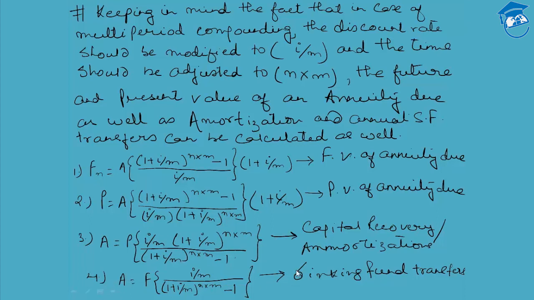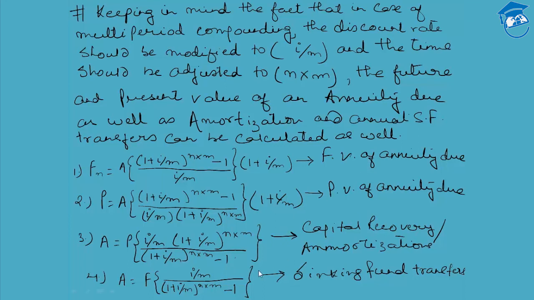Last but not the least, the same applies in the case of sinking fund transfers. We know that every year we are required to calculate an annual amount in a sinking fund which we need to accumulate at the end of n number of years in the future.